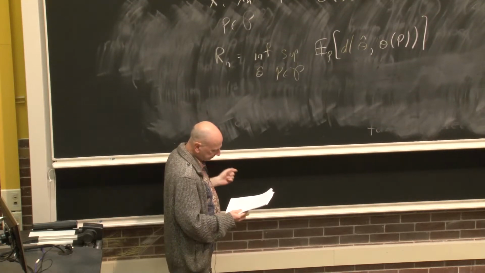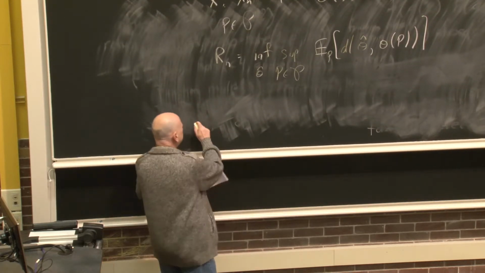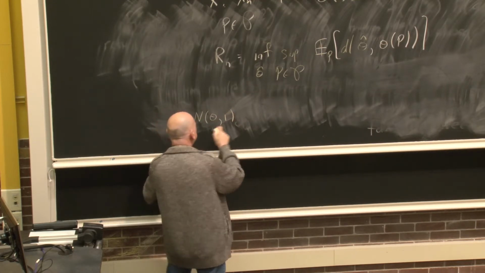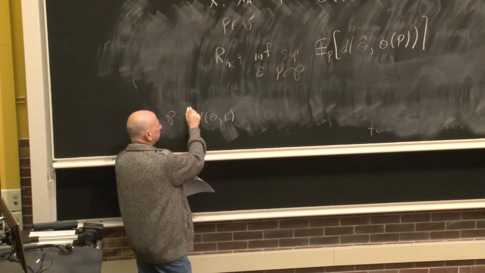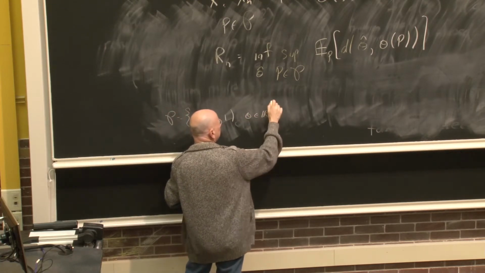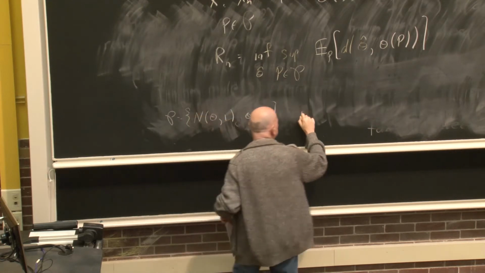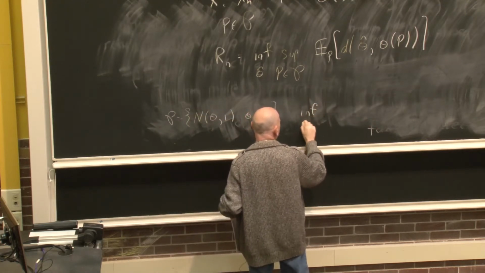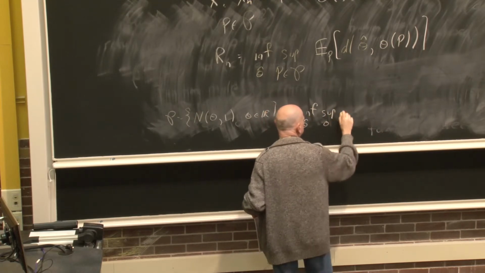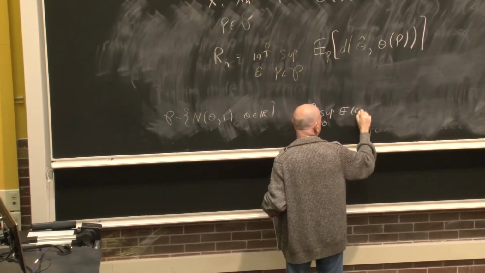So just so we have a simple example in mind, let's think of a parametric model, all the normals, and let's think of squared error loss. Then this would be the inf over all theta hat of the sup over all theta of the expected value.